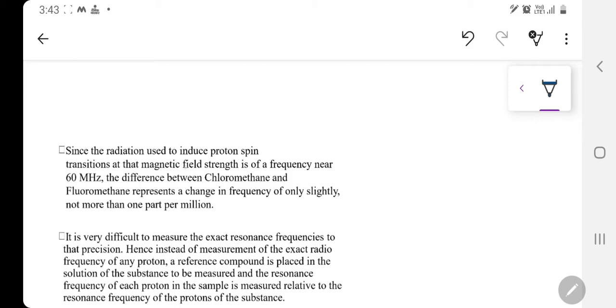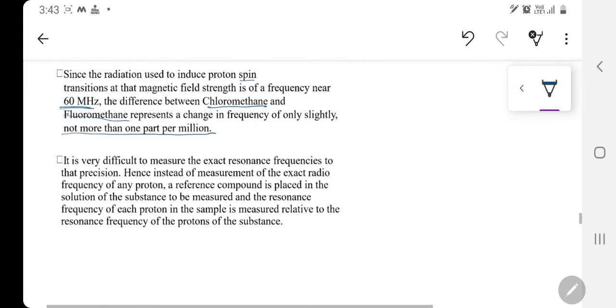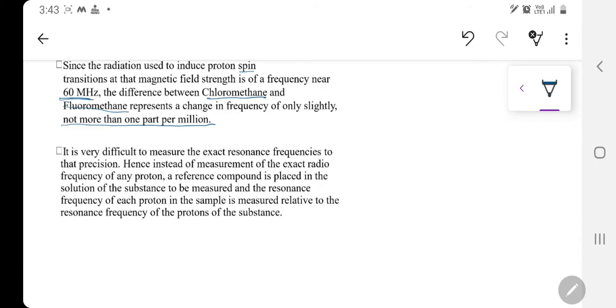Since the radiation used to induce proton spin transition at this magnetic field strength is of frequency near 60 MHz, the difference between chloro and fluoromethane represents a change in frequency of not more than 1 ppm. It is very difficult to measure the exact resonance frequency to that precision.